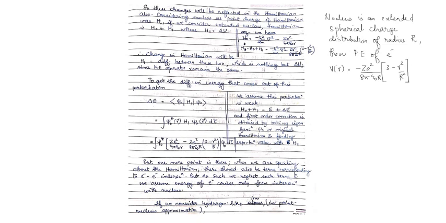If you had considered a point nucleus, you had a potential energy of minus Ze square by 4 pi epsilon 0 r, and the Hamiltonian corresponding to that, let it be h naught. So when h naught acts on psi, you get a particular energy eigenvalue, say E psi.